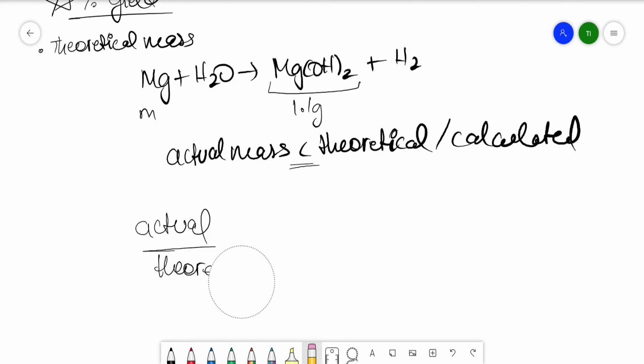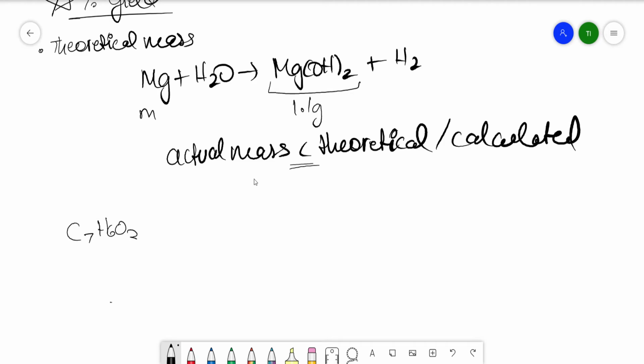Okay, so let's take a basic example because this is very easy and it's something that you have covered in your IGCSE years. So for this reaction, C7H6O3 plus CH3OH gives C8H8O3 plus H2O.